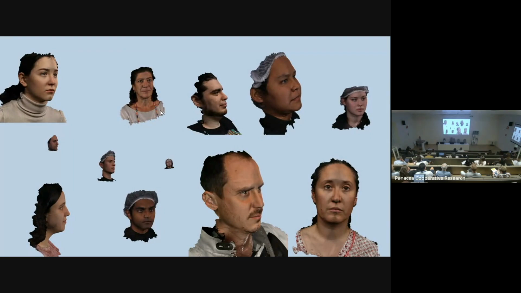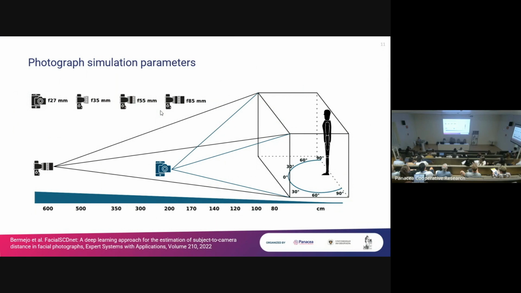To collect all those pictures, we used simulated pictures, using a 3D scanner especially designed for faces. We acquired a number of 3D models from volunteers, and we simulated pictures basically. We used this kind of setup. We considered four different focal lengths, and we moved our virtual camera in the range between 80 centimeters and 6 meters.